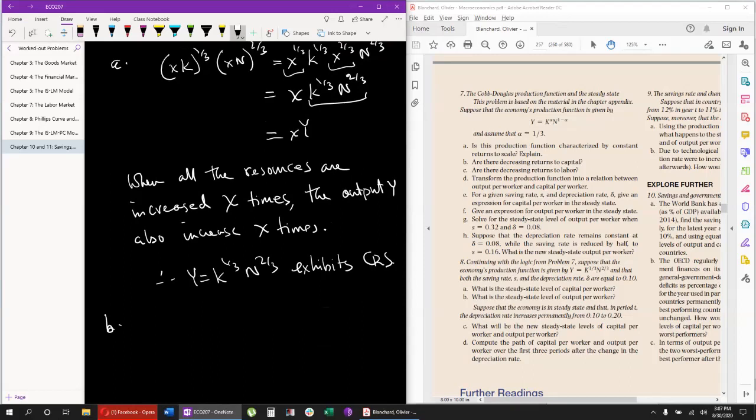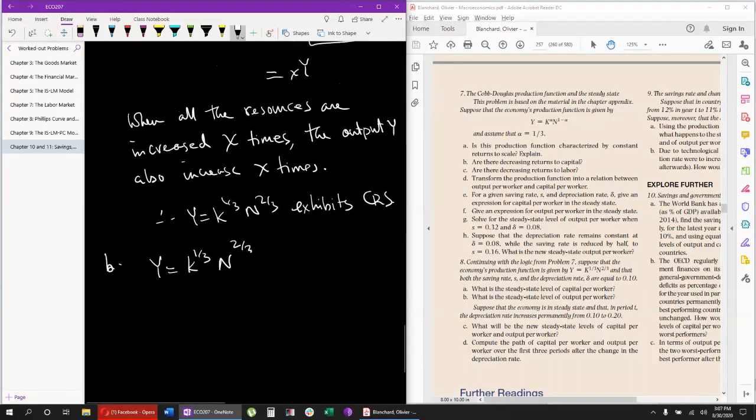Part B. Are there decreasing returns to capital? Okay, this is an interesting question. So when we're talking about constant returns to scale, we're talking about increasing all the inputs, both k and n. But what if we increased only k? What happens then?